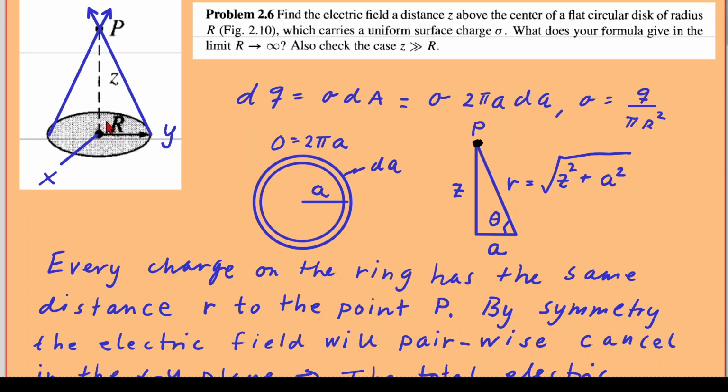And here I'm just showing a part of that circle. It's really actually something like that.